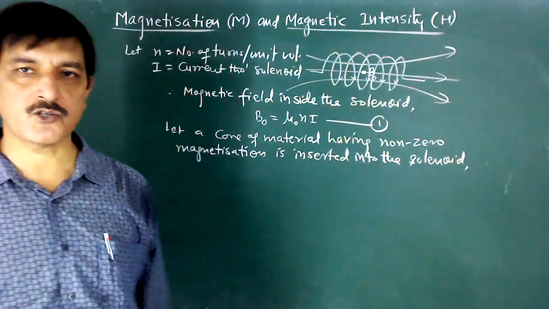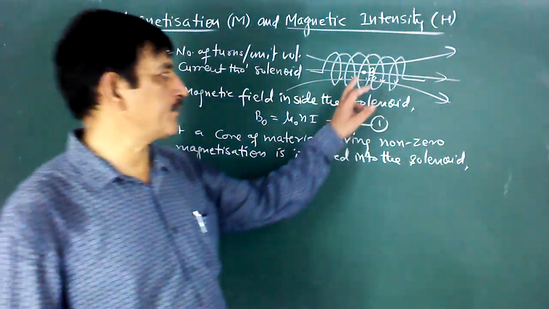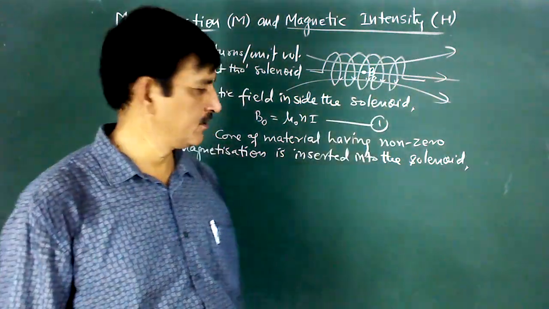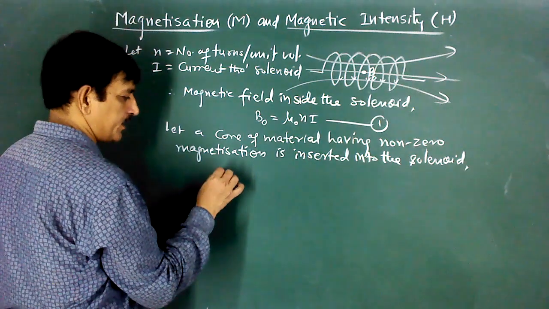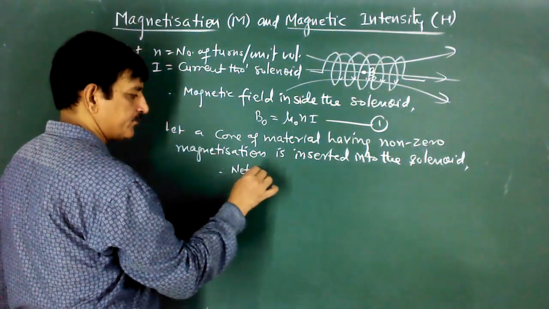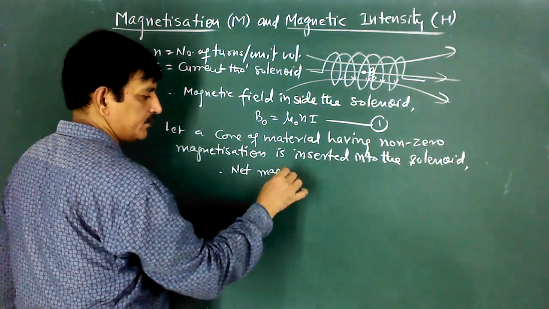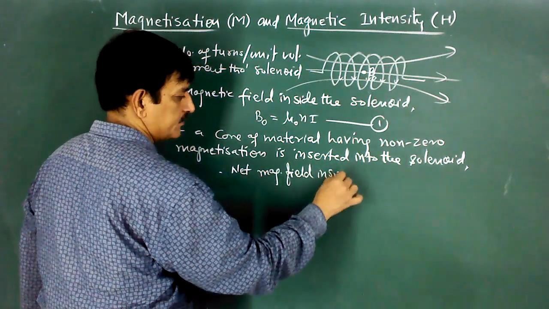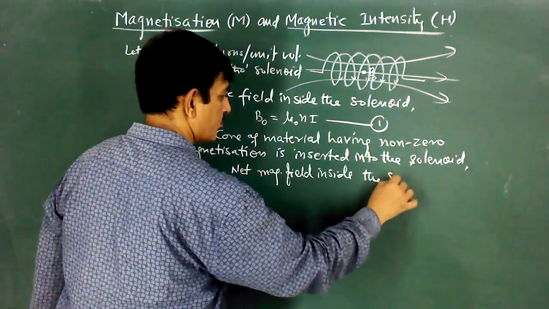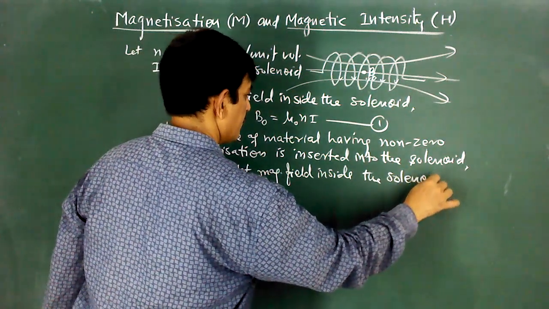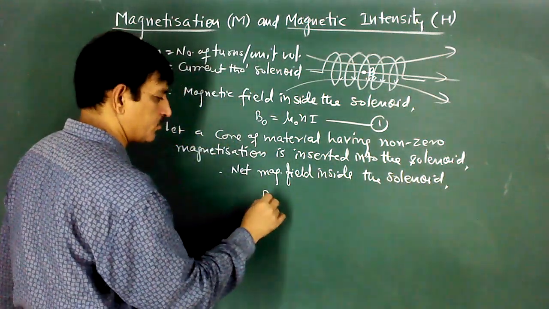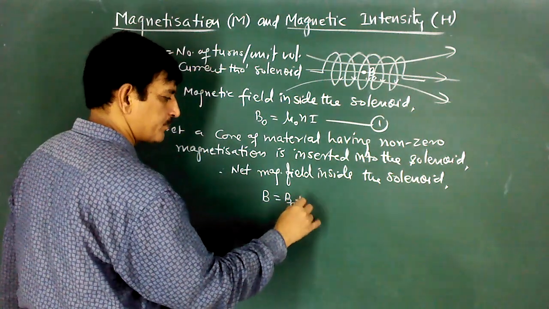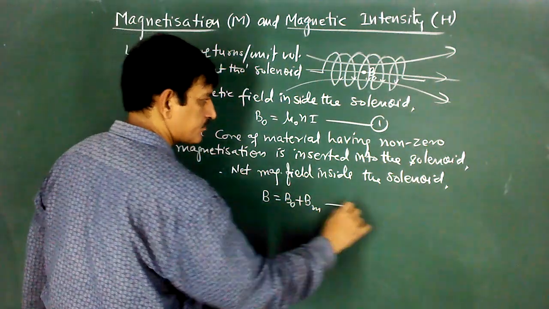As soon as the core is inserted, the magnetic field inside it is enhanced, and therefore the net magnetic field inside the solenoid becomes B equal to B naught plus Bm.